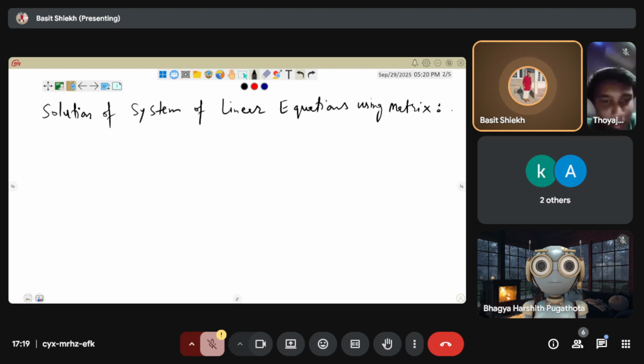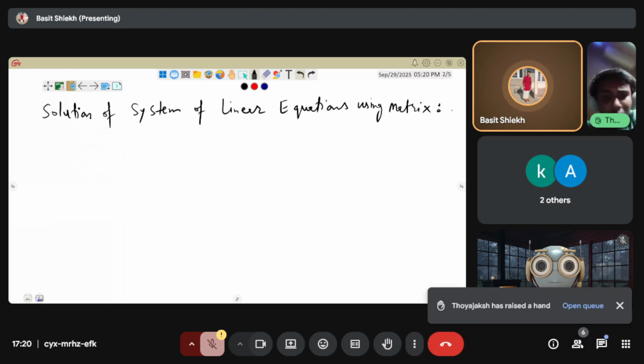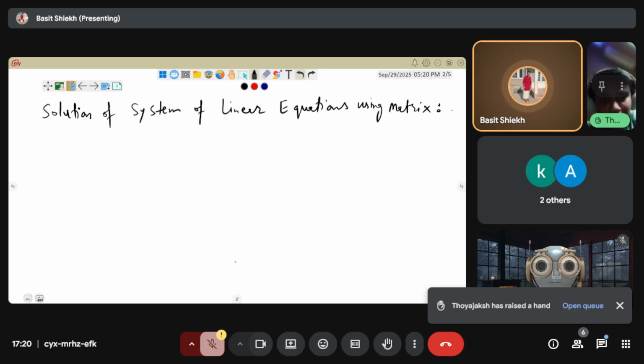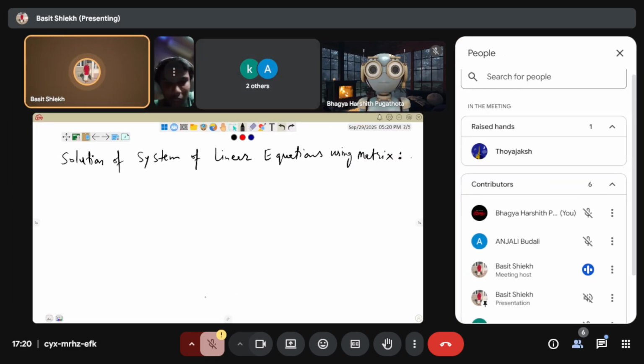Now consider, let's say we have two or three or more linear equations. Usually we have matrices of order 2 and order 3. So we will be having two linear equations or three linear equations, maybe in one variable, two variables, or three variables. If we have a 2 cross 2 matrix, we will be having two linear equations, and we will solve with the 2 cross 2 matrix.